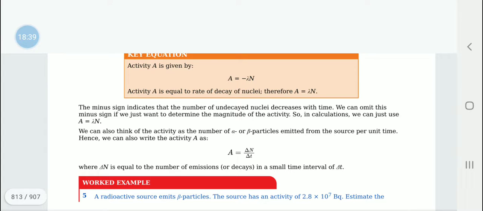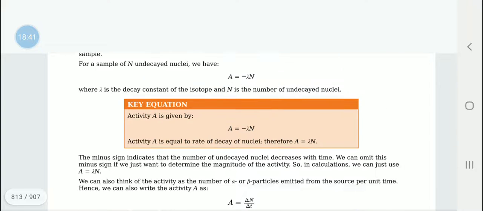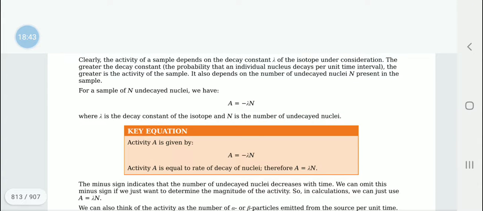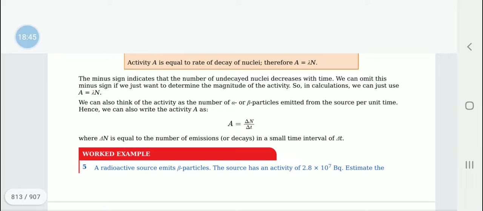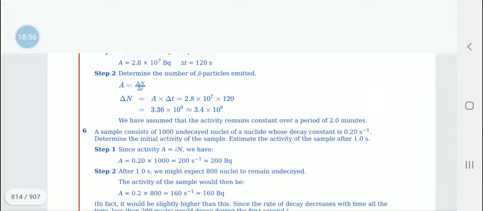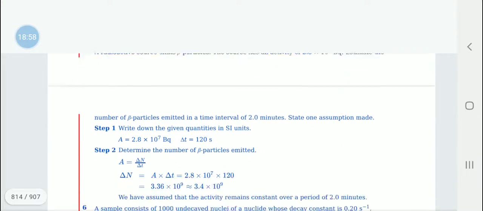In the earlier situation, N referred to the number of undecayed nuclei. Here it refers to the number of emissions or decays in a small time interval Δt. That is another equation that we need to take into consideration.